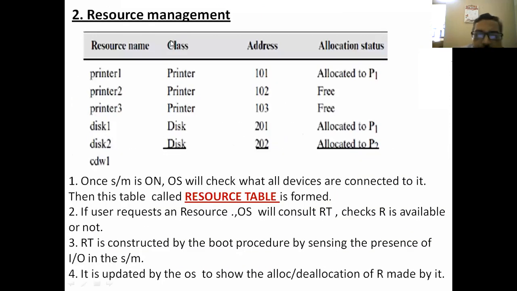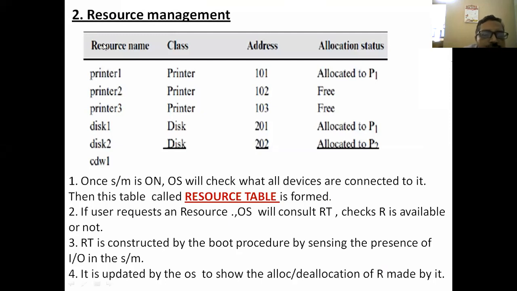Next operation of the OS is resource management. We have seen examples of this already. So what are all the resources in a computer system? Various resources of a computer system are CPU time, which is the main resource, then RAM, primary memory, also called main memory, then network throughput, electrical power, input devices, output devices.